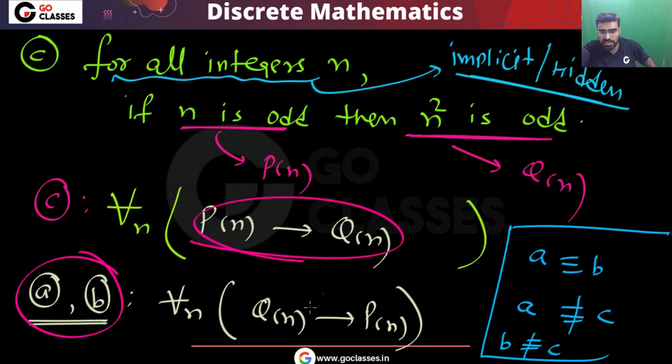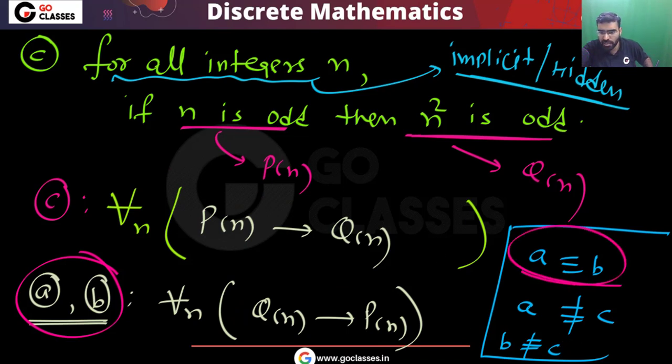So these statements are not equivalent. P implies Q is not equivalent to Q implies P. So statement C is not equivalent to statement A or statement B, and statements A and B are equivalent.